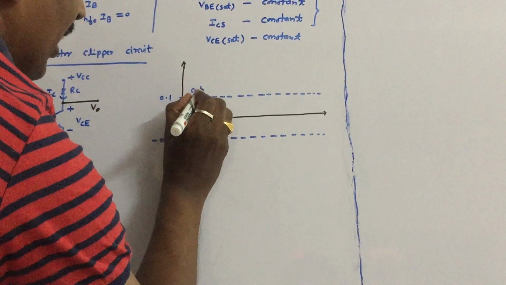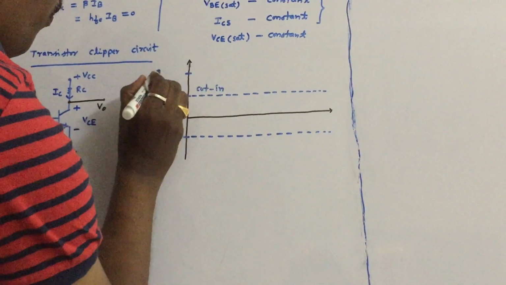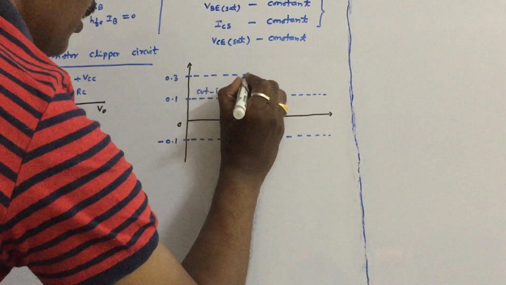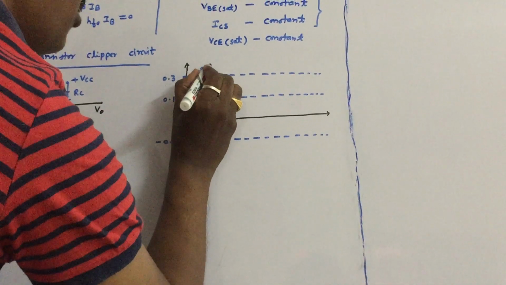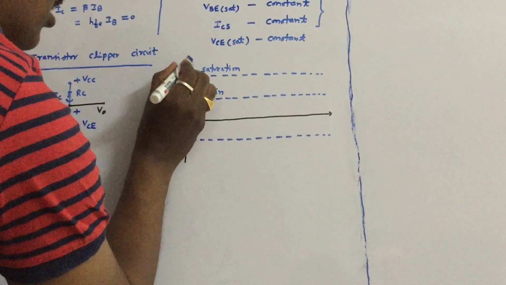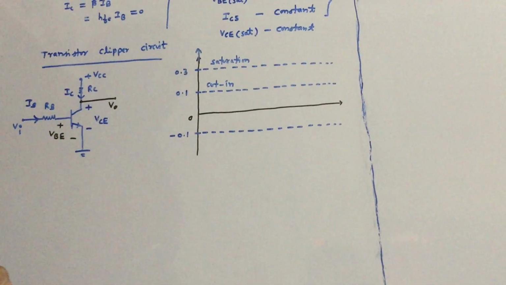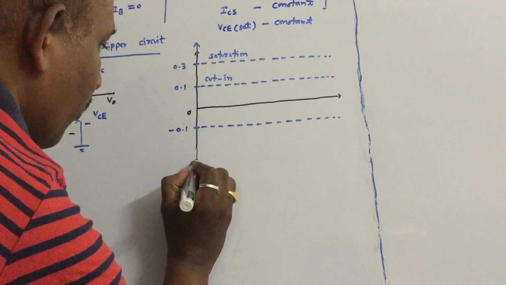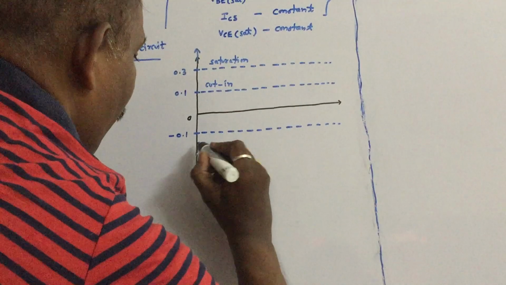Let us call this the cut-in voltage. Then let us take 0.3 and one more dotted line, and call this the saturation voltage 0.3. Let us say for this transistor we have assumed the cut-in voltage is 0.1 and VBE saturation is equal to 0.3. Now let us take the ramp input like this. We apply a ramp input of this nature.